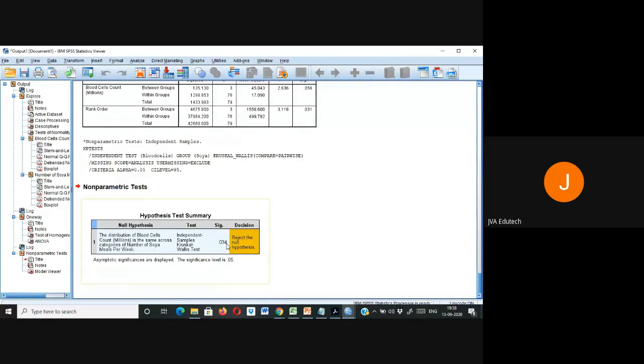But if you see the significance value, it comes out to be 0.034, which is less than alpha. Reject the null hypothesis. Rejecting the null hypothesis says that the distribution of blood cells count is different across categories of number of soya meals per week.